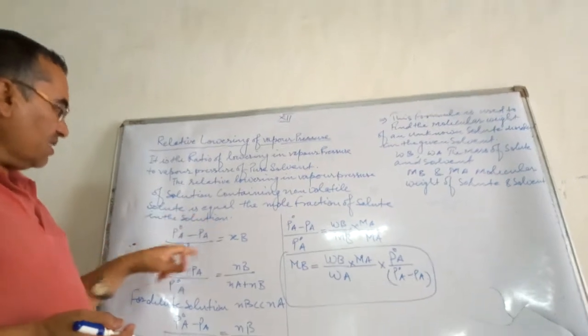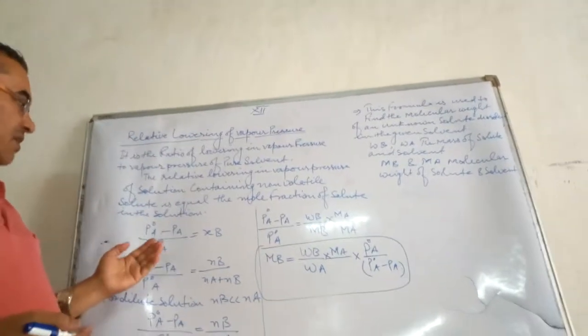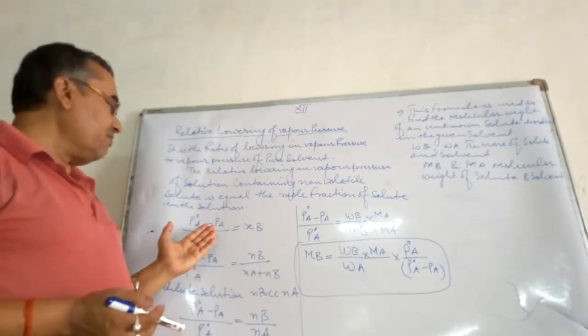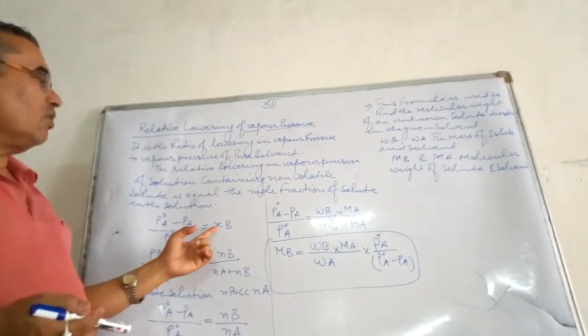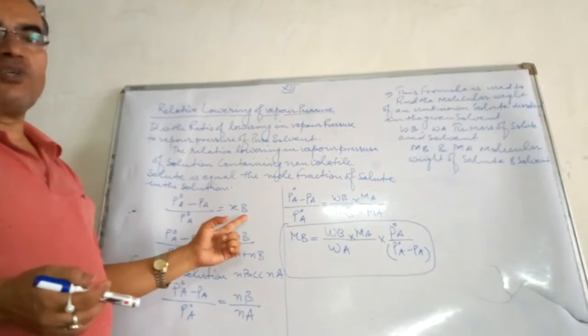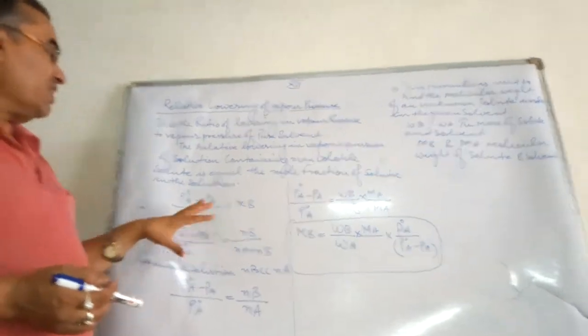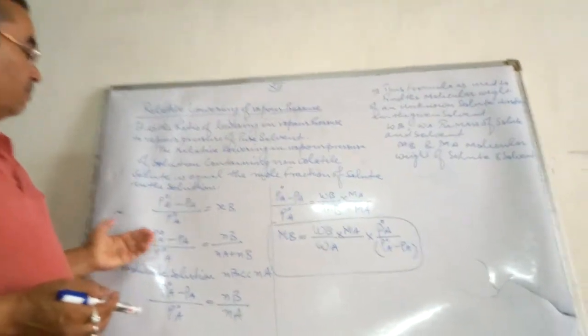This term is considered to be relative lowering of vapor pressure, and it is equal to the mole fraction of B, the mole fraction of the non-volatile solute.